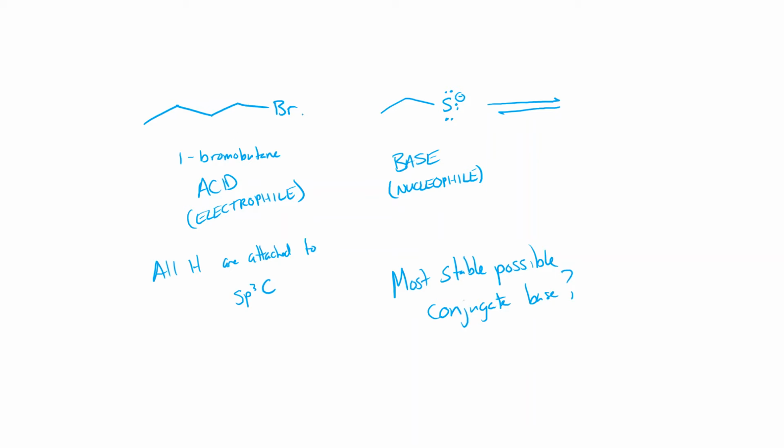So it's a carbon or a bromine. It makes sense that Br minus, because of periodic trends, would be the desired outcome of this reaction. That's the most stable possible outcome, to generate a negatively charged bromine, because Br minus is the most stable possible conjugate base.